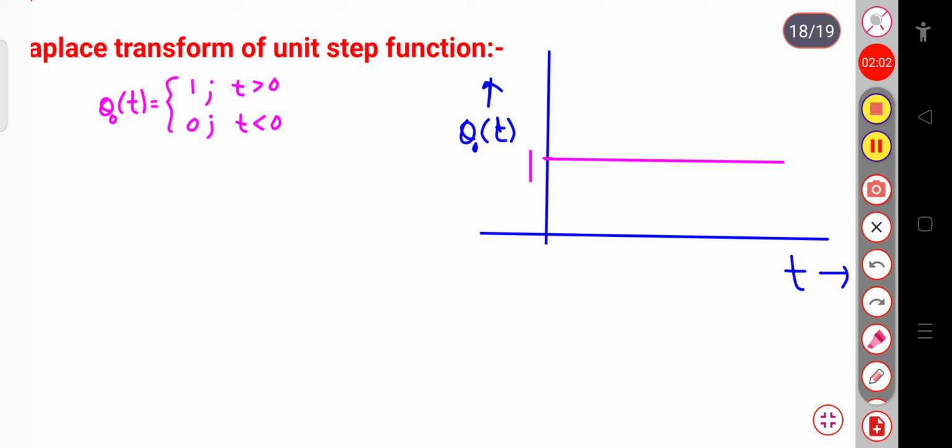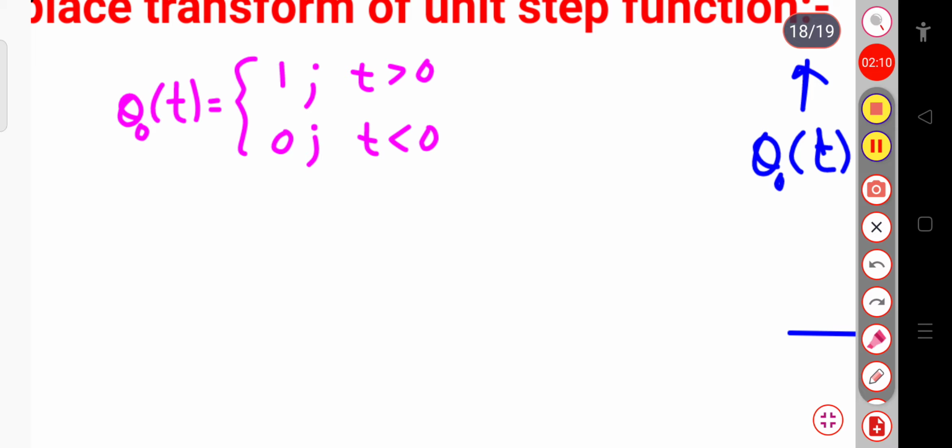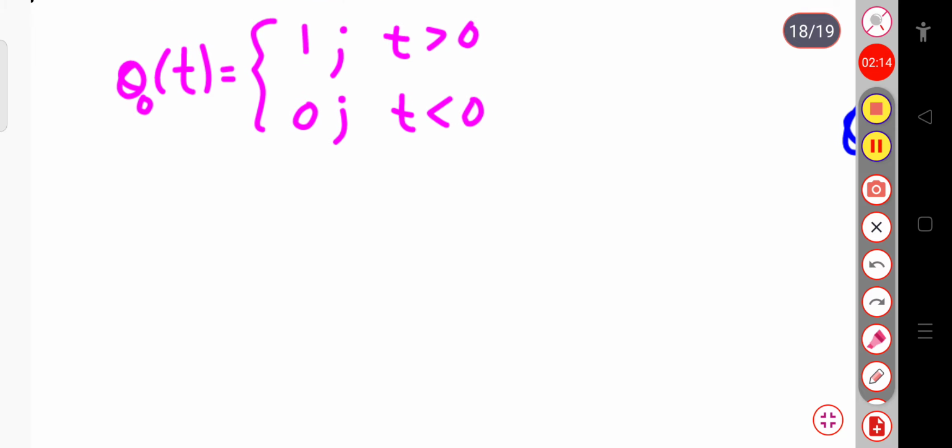Now what we will do? We want to calculate the Laplace transform of this step function. So this will be the Laplace transform of theta naught of t.